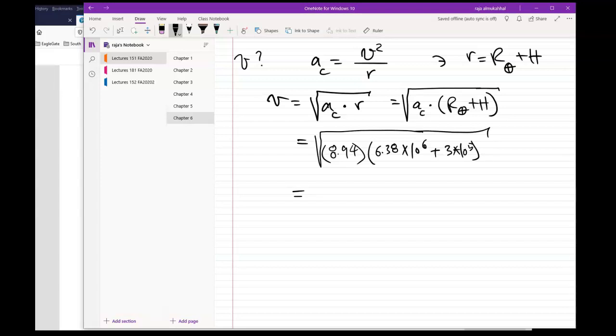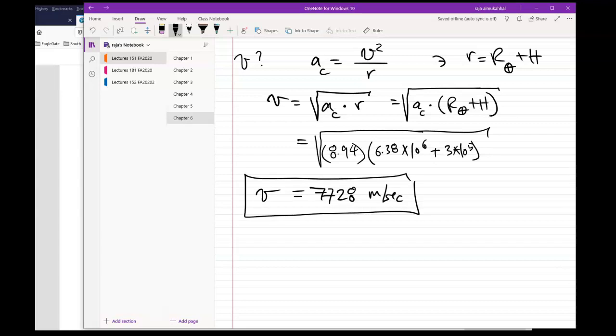So I have here 6.38 e6 plus 3 e5 times 8.94. Take the root of that. Answer, I got 7727. Your book got 7730. Again, it's all rounding. I'm just going to stick with my answer. I got 7728, let's just say, meters per second. Okay, there we go. That's the velocity.